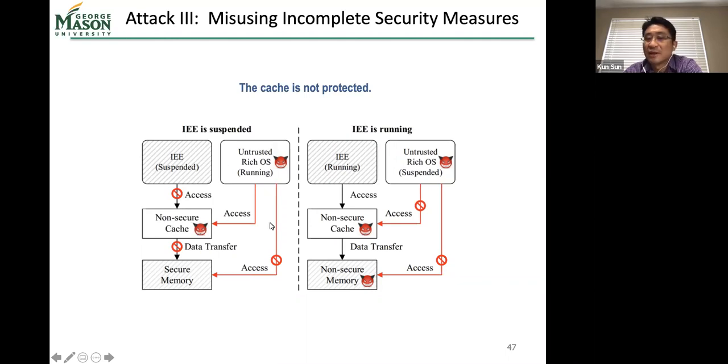Another thing is that when the rich OS is running, it can write to the non-secure cache, so it pre-allocates some cache content. And next round, when the IEE is running, it will read those malicious data directly from the cache, and it doesn't know whether the data came from itself or from the rich OS.